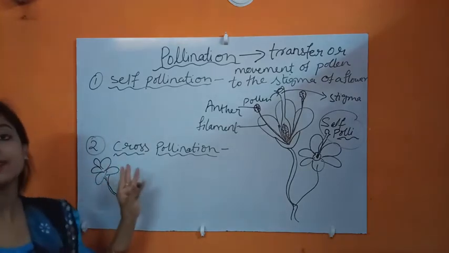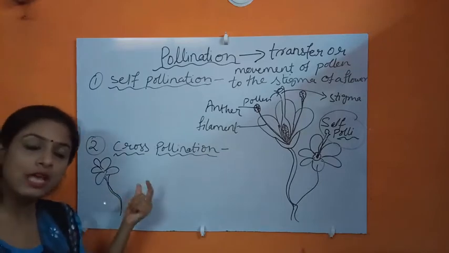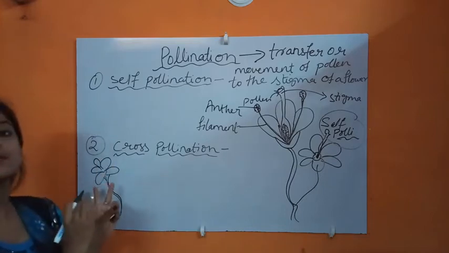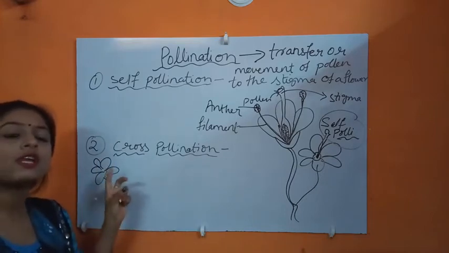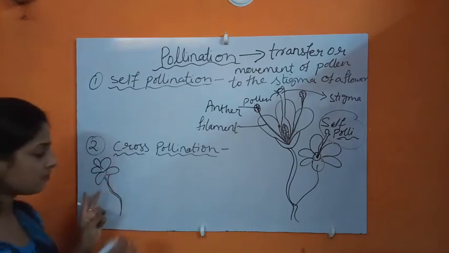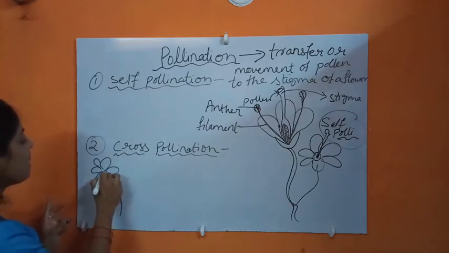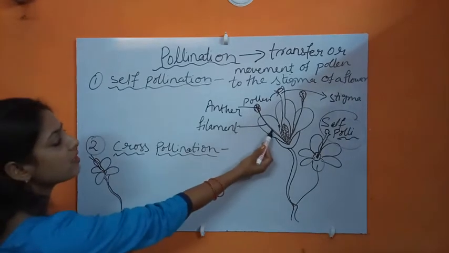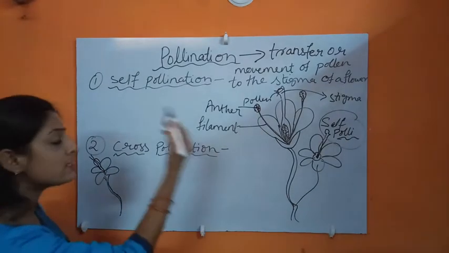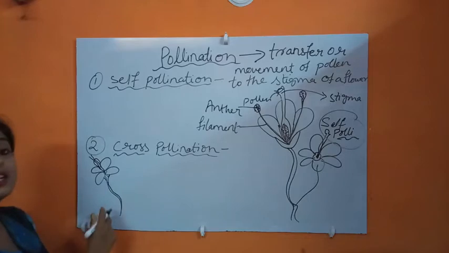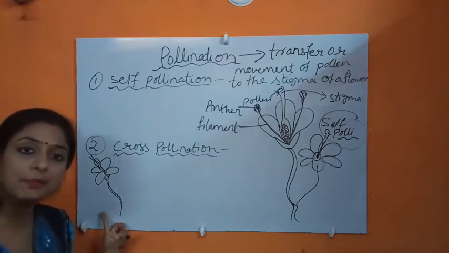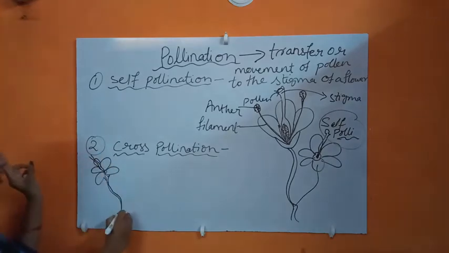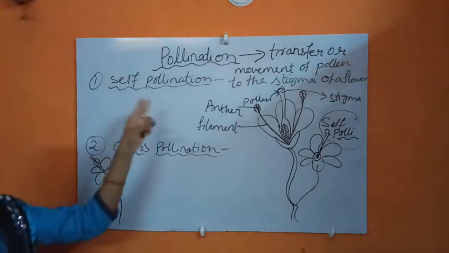So a hibiscus pollen will pollinate only a hibiscus flower. So the transfer of pollen grains from the anther of one flower to the stigma of another flower present on a different plant is called cross-pollination.